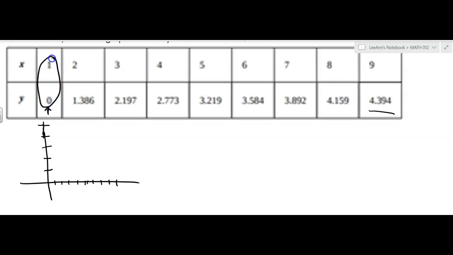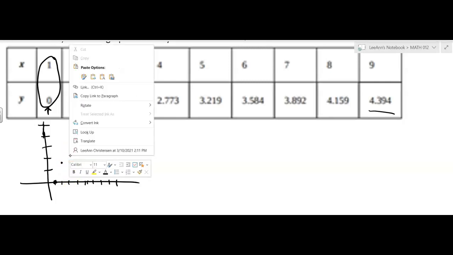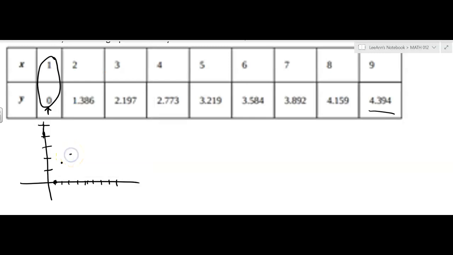So we're graphing this first point, 1, 0. So 1, 0 right there. 2, 1.4 about, so it's going to be 2 and a little less than a half. 3, and it's going to be above the 2, just barely. 4, and it's still going to be below the 3. 5, it's above the 3. 6 is about 3.5.